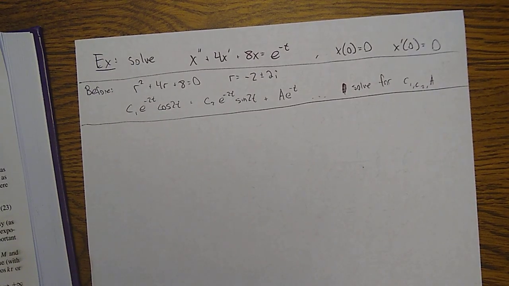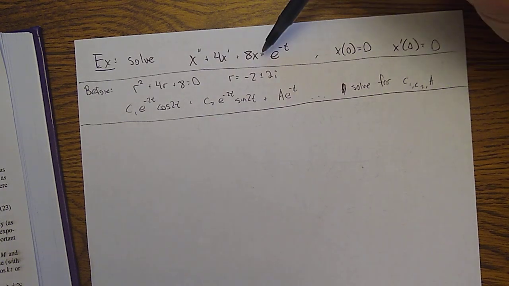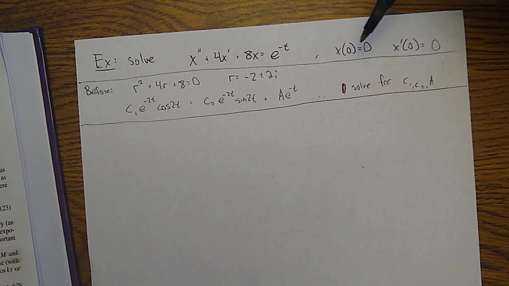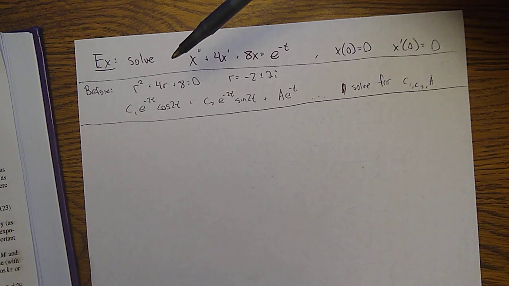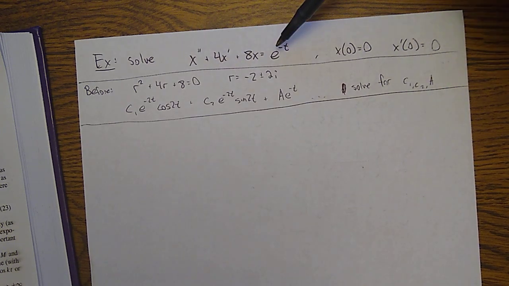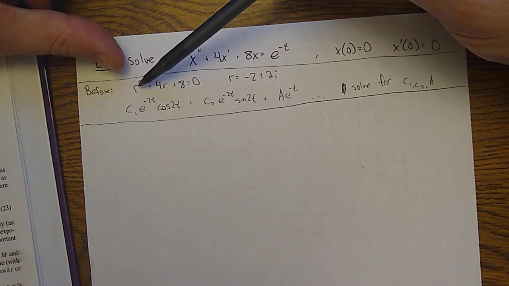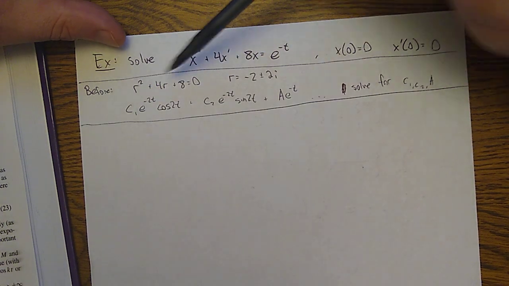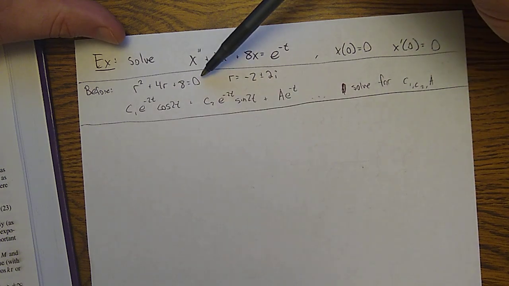So let's use that stuff to solve a differential equation. So this is a second order non-homogeneous differential equation. It's got initial conditions, and this is something that we would know how to do before. We would find the y sub c, the complementary solution, and I would write down the characteristic equation, which would be r squared plus 4r plus 8 equals 0.